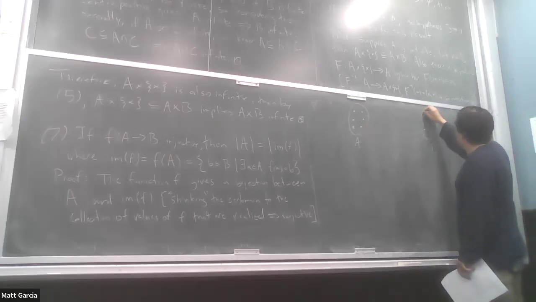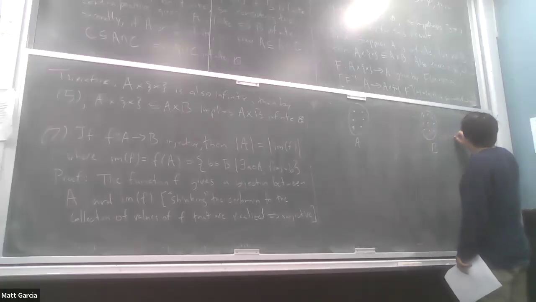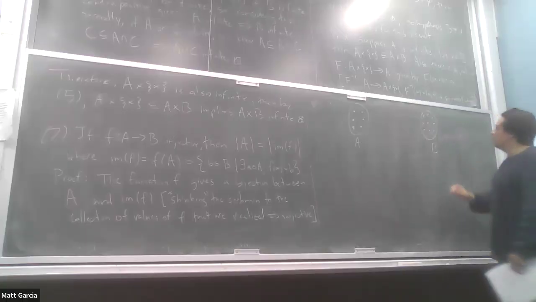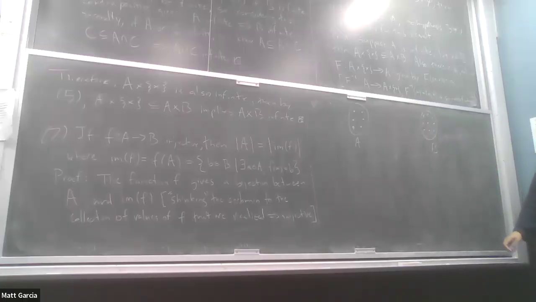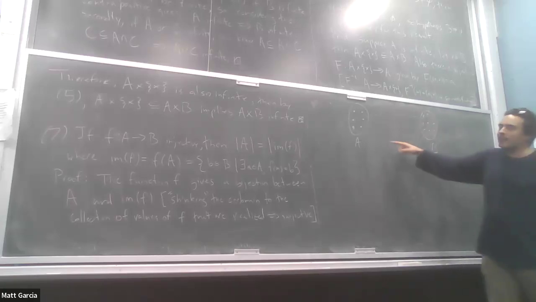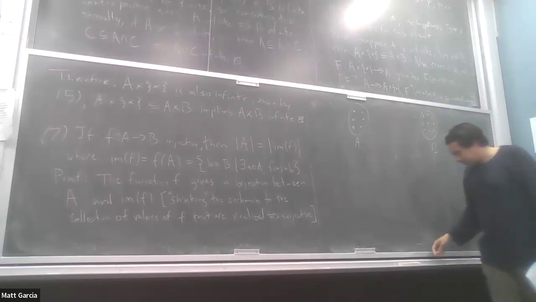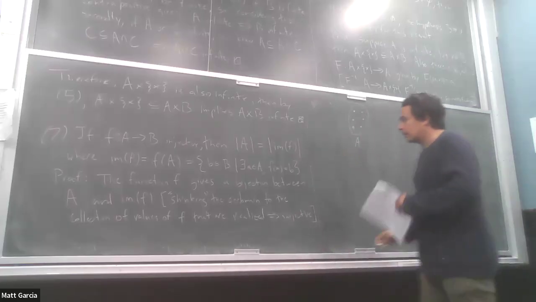So I can take this shaded subset, which is the image of F, yeah? And by excluding all the points in B that don't have corresponding values back in A, I get a bijection, yeah?